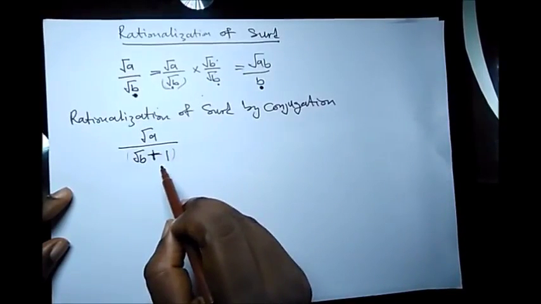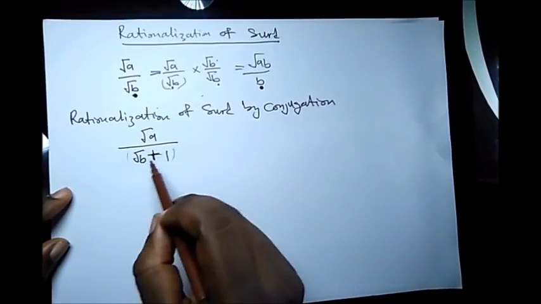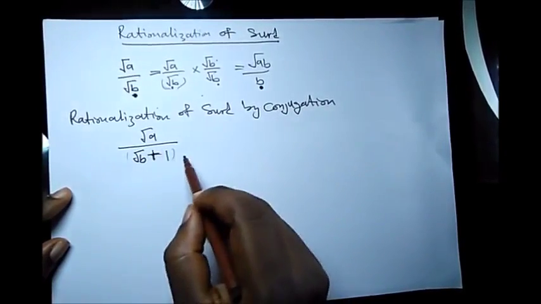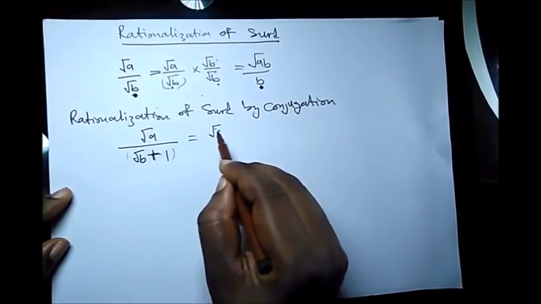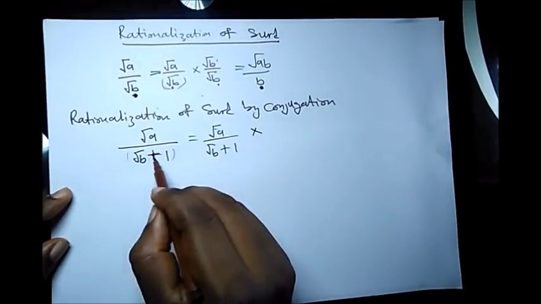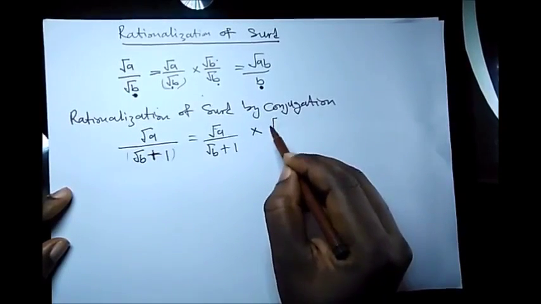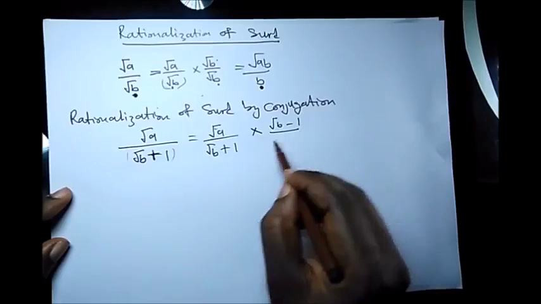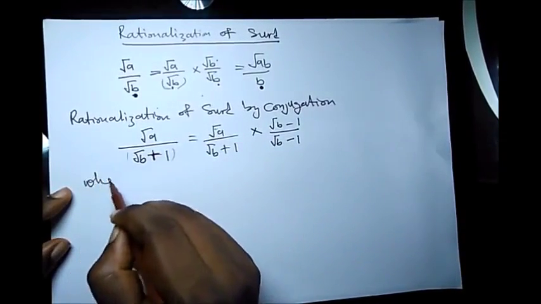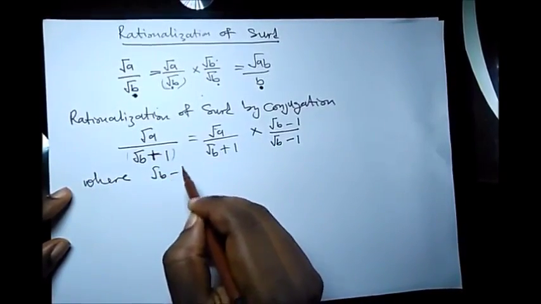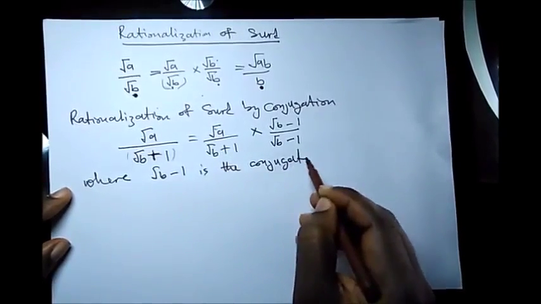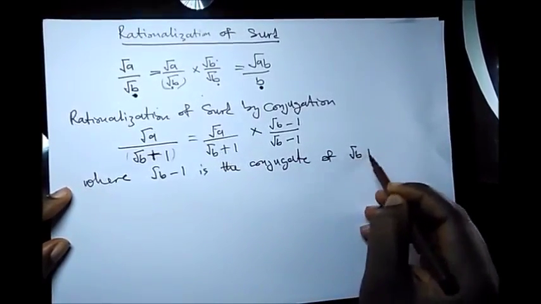So to get the conjugate of this root that we want to cancel out, it would be root a over root b plus 1 multiplied by a different sign. So we have root b minus 1 over root b minus 1, where root b minus 1 is the conjugate of root b plus 1.